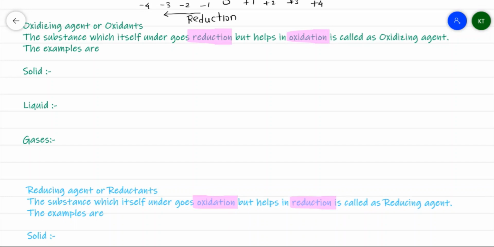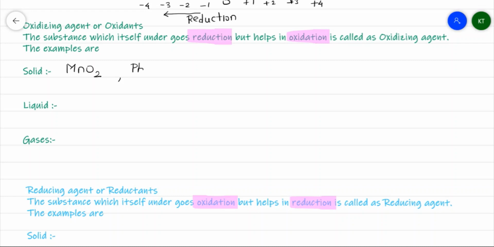Now let us study a few of the common oxidizing and reducing agents in the solid state, liquid state, or gaseous state. Now let me take the oxidizing agents in solid state. I have manganese dioxide, that is MnO2, a black color solid.